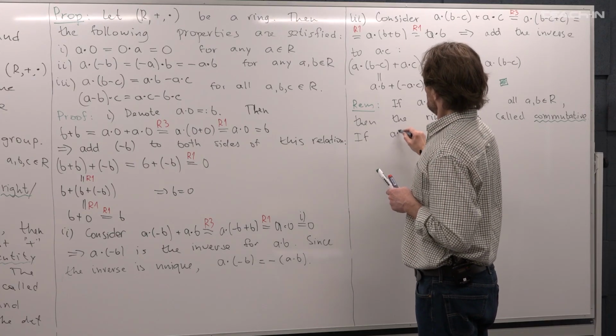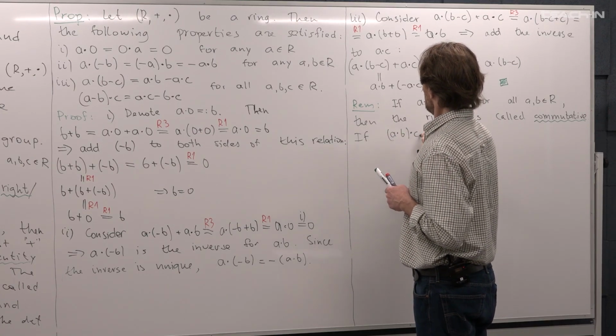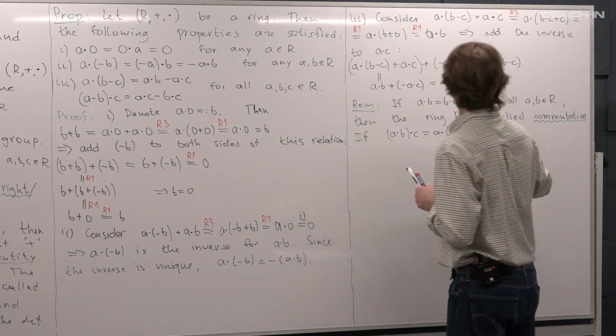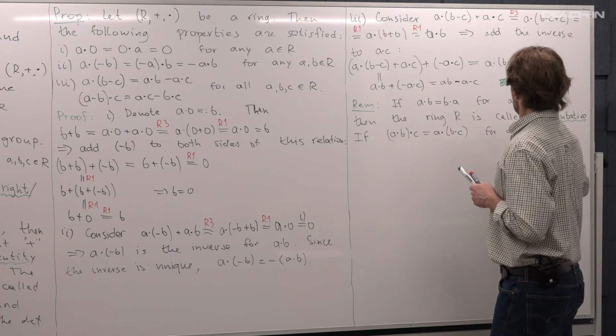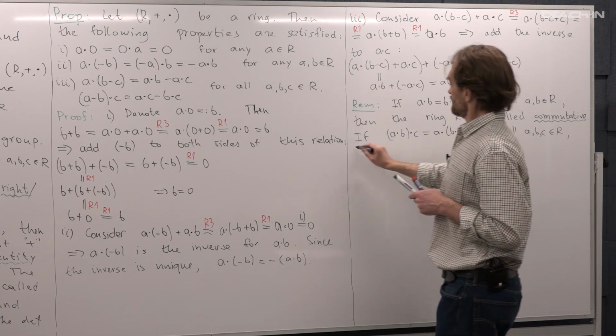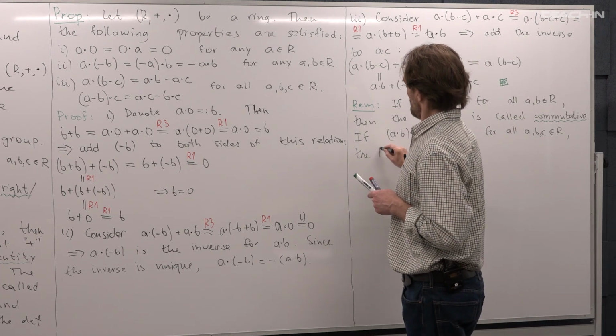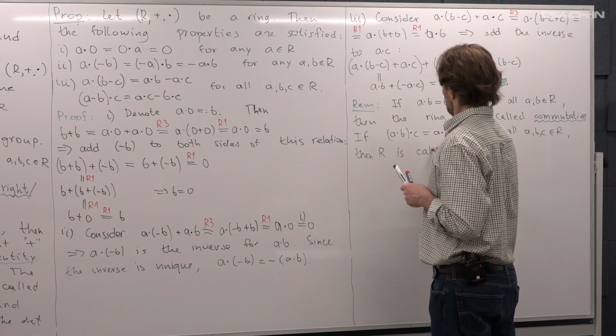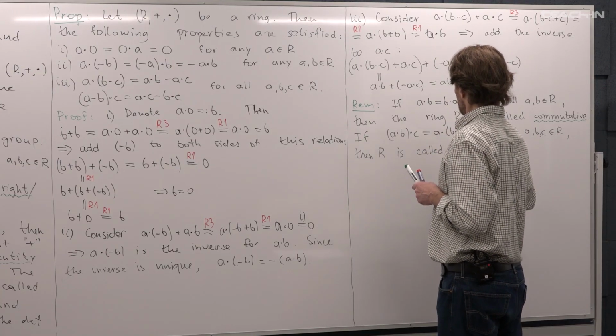If A multiplied by B multiplied by C equals A multiplied by B by C for all A, B, C from R, then R is called an associative ring.